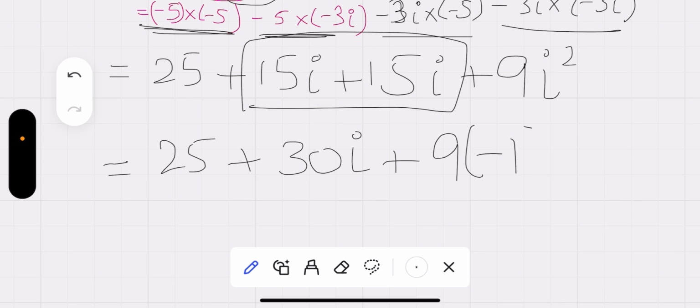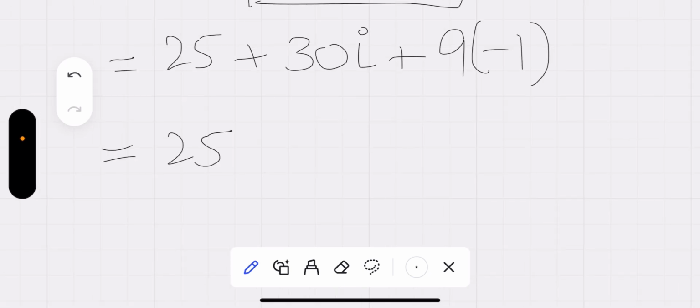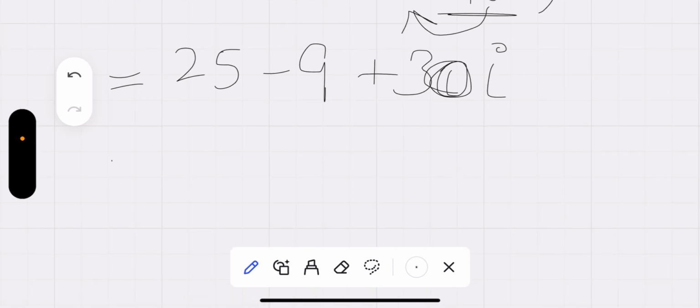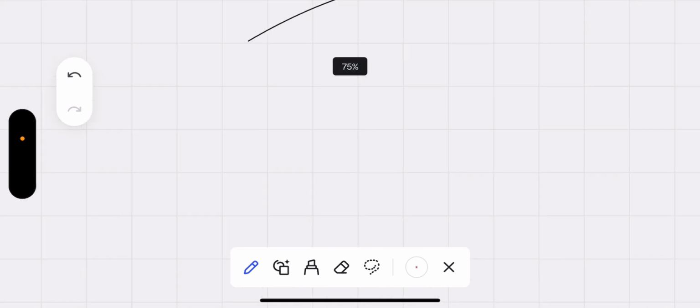For iota square we can write minus 1, so 25, this is negative 9 being a real part, so we can write here negative 9 and plus 30 iota. Okay, 25 minus 9 is 16 and plus 30 iota. Okay, this is the answer.